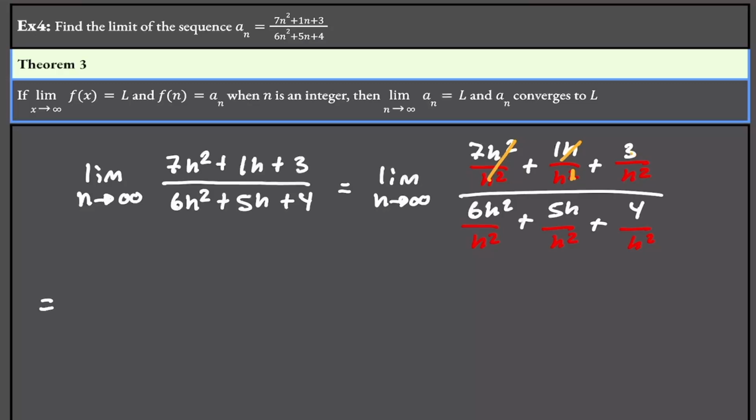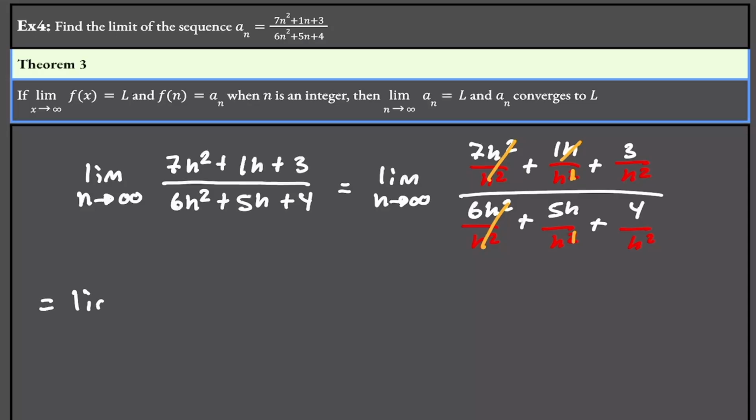Here, there's nothing to really simplify, so this stays the same. Here, the n squares cancel out, and we're just left with 6. Here, something similar happens to what we had for 1n at the top, and we're just left with 5 divided by n to the first power. And here it's already simplified. There's nothing else to do.